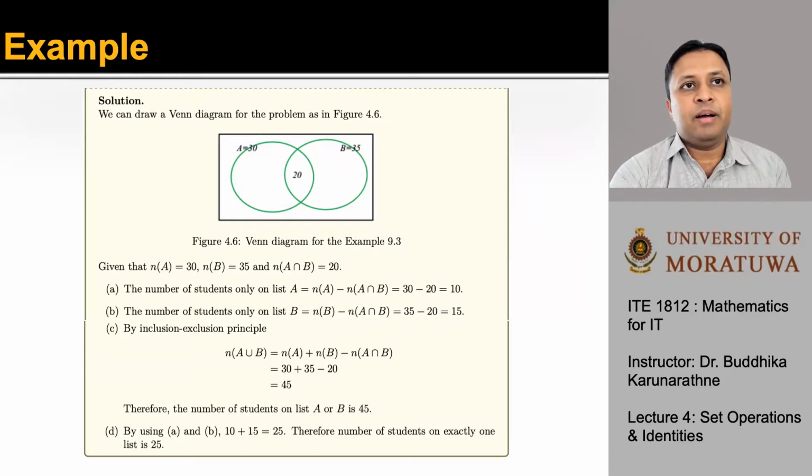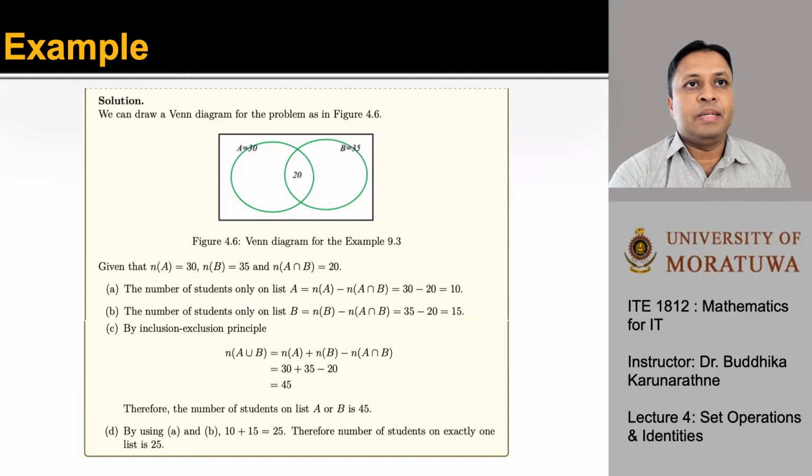How do we calculate part A, the number of students only on list A? We need to take out the common students of A and B from the number of students in set A. So we have n(A) minus n(A intersection B), which is 30 minus 20, which is equal to 10.